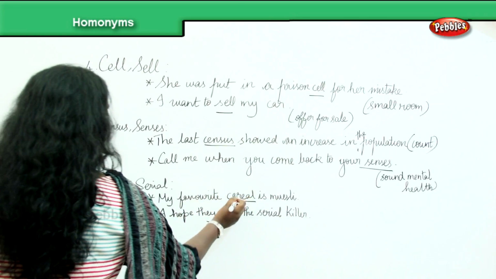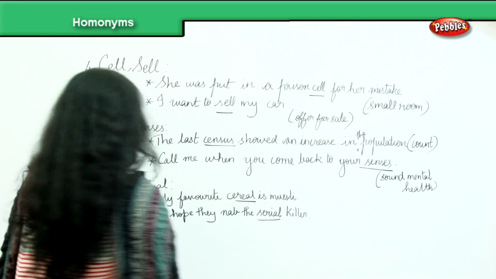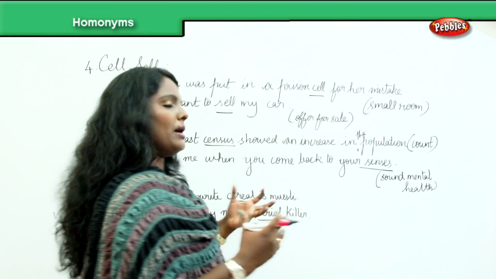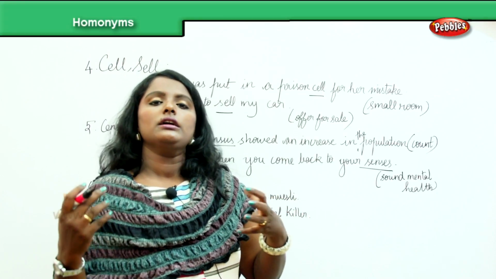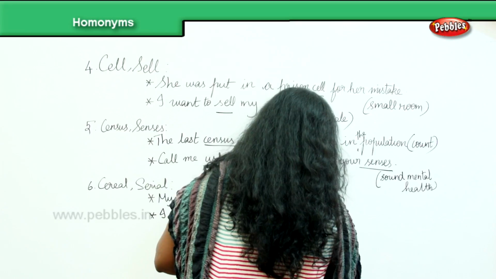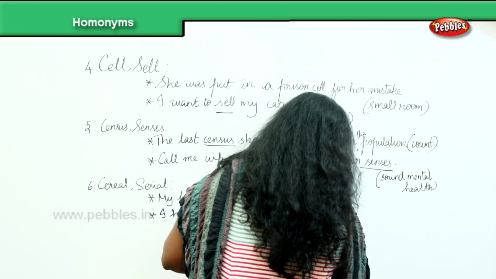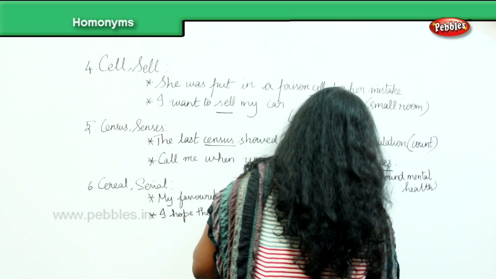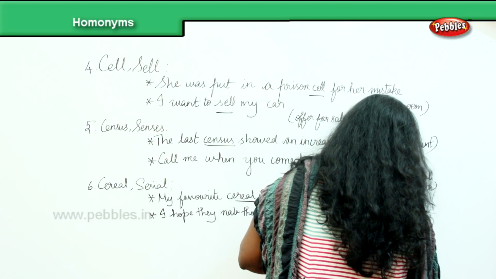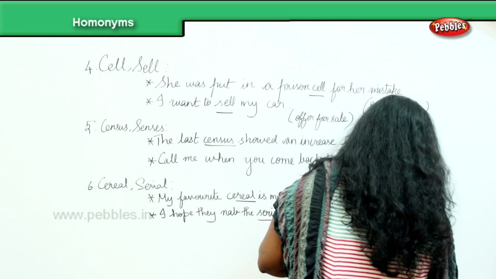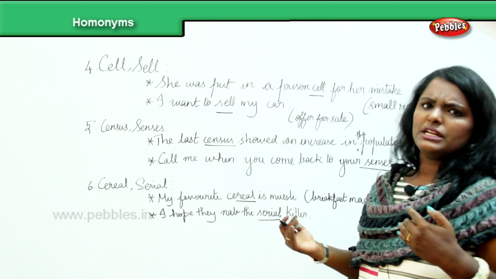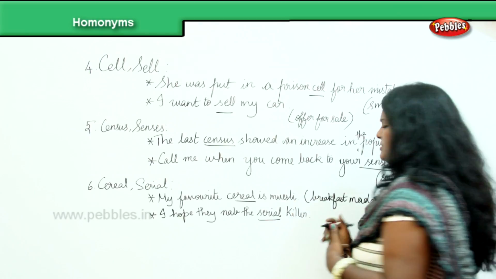So, what is the difference between this cereal and this cereal? This cereal is like a breakfast made of grains. Whereas this cereal means arranging in a particular order or arrangement in a series.